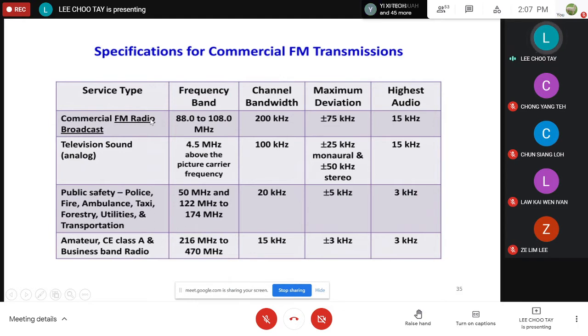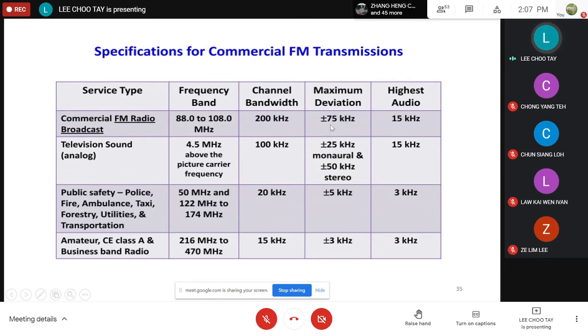So for FM radio broadcast in Malaysia, the MCMC has allocated the frequency band 88 to 108 megahertz for this purpose. And for each radio station, the bandwidth is 200 kilohertz, and the maximum deviation allowed for each channel is plus minus 75 kilohertz.